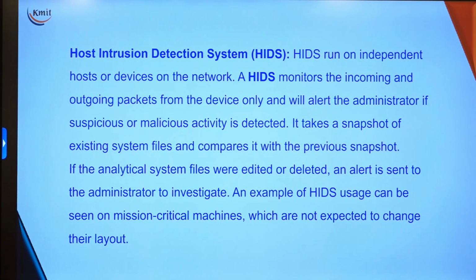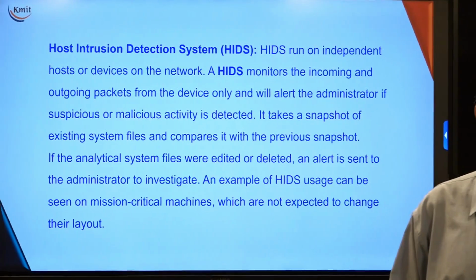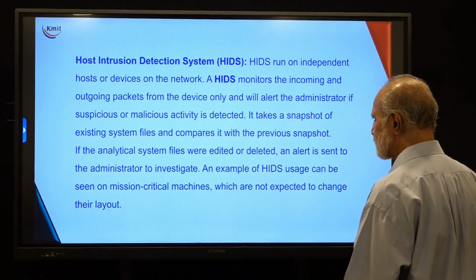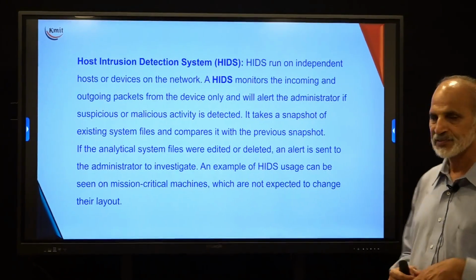Second is the host intrusion detection system. HIDS runs on an independent host or device on the network. It monitors the incoming and outgoing packets from the device and will alert the administrator if suspicious or malicious activity is observed. It takes a snapshot of the existing system files and compares it with the previous snapshot.